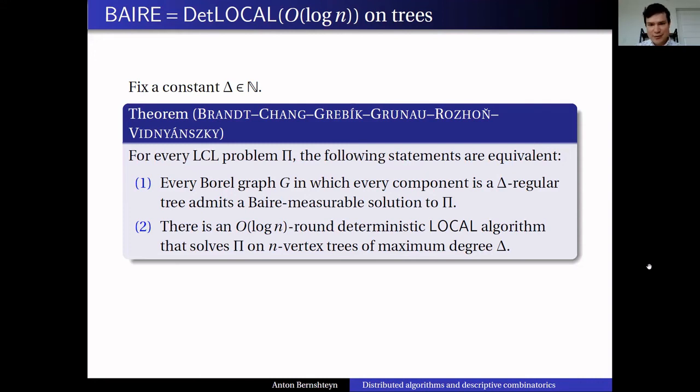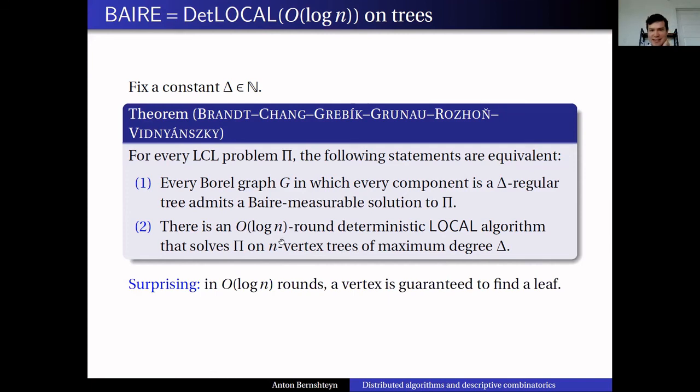Why is this surprising? Notice that the bound on the number of rounds for this deterministic algorithm is not little o of log n, but big O of log n. So this is a very different setup. In particular, if you want to go from bullet point 2 to 1, you cannot use such an algorithm directly to find a Baire measurable solution. You cannot just tell the vertices that they live in a finite graph, the way we were doing before when simulating little o of log n round algorithms.